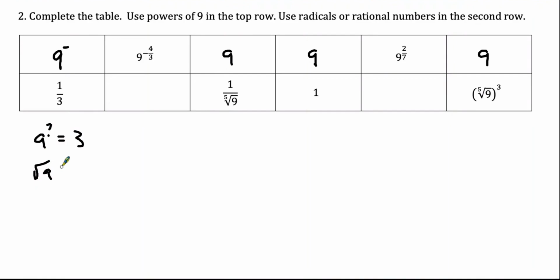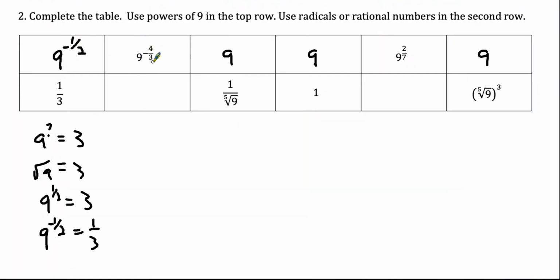Right? So I can say the square root of 9 equals 3, but in terms of a power, I know that 9 to the 1/2 is the same thing as the square root, right? Square root is the same thing as a 1/2 power. So if 9 to the 1/2 equals 3, I can say 9 to the -1/2 equals 1 over 3.